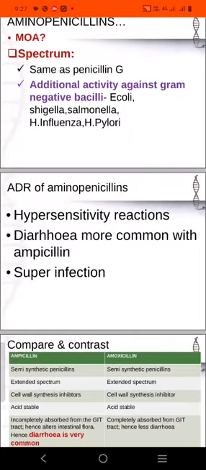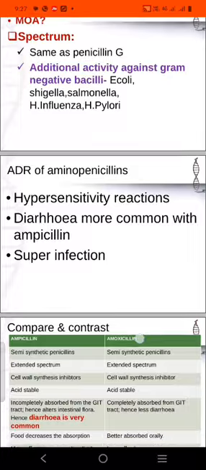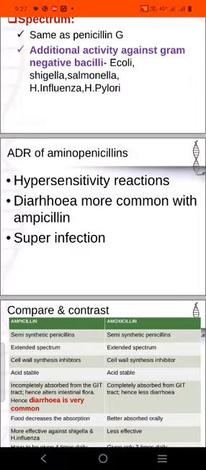Adverse reactions of aminopenicillins are mainly hypersensitivity reactions. If a patient is allergic to penicillin, then amoxicillin and ampicillin will also cause allergy. Diarrhea is most common with ampicillin, because ampicillin is a coarse powder.